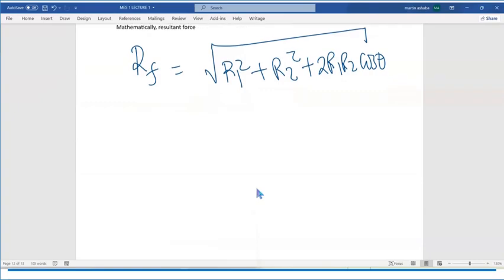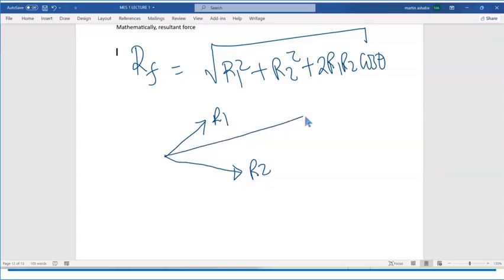So you have two forces, for example, maybe this is R1 and this is R2. The resultant is going to be represented by the diagonal. If we talk about the diagonal of a parallelogram, you just have to imagine that this was a parallelogram and then complete it like that.